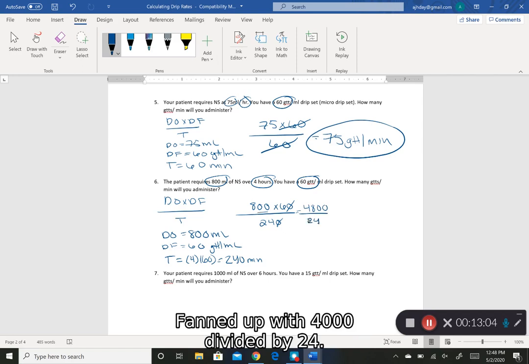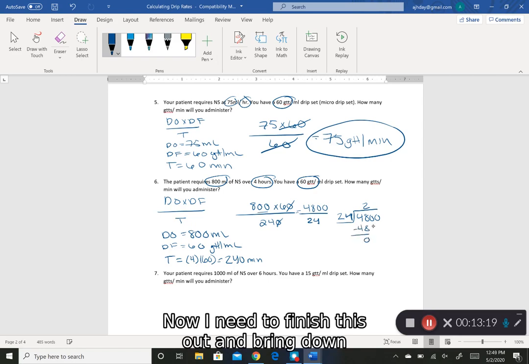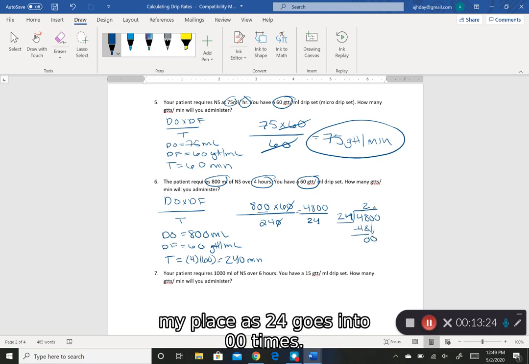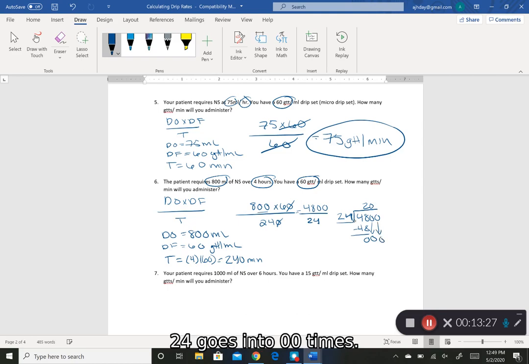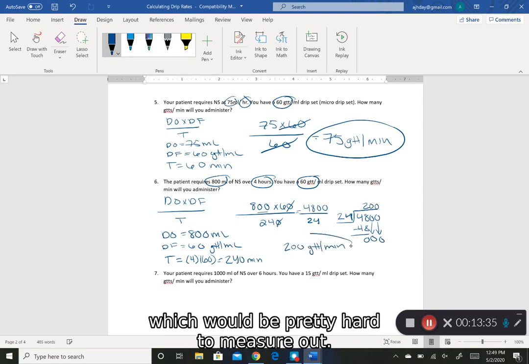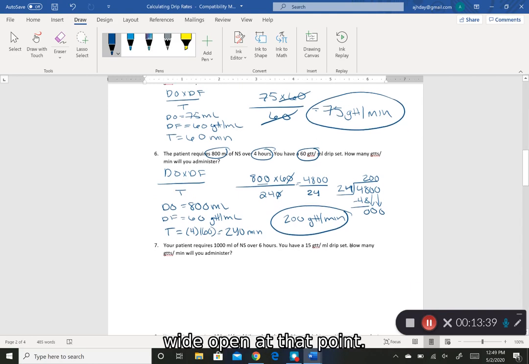So I end up with 4,800 divided by 24. 24 goes into 48 twice. Now I need to finish this out and bring down my zeros to fill in my places. 24 goes into 0 0 times. 24 goes into 0 0 times. So that leaves me with 200 drops per minute, which would be pretty hard to measure out. We would probably just run that wide open at that point.